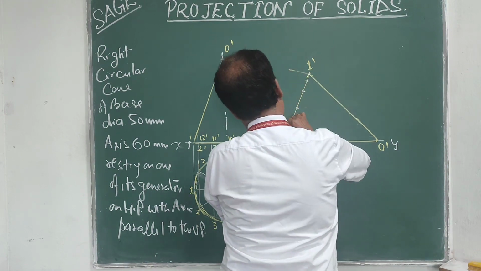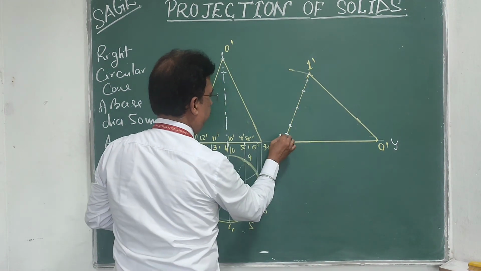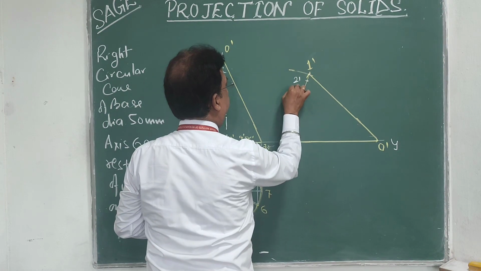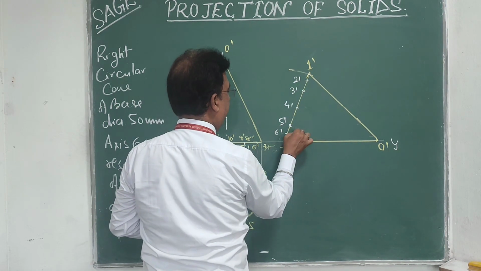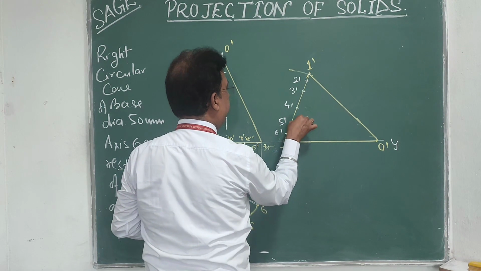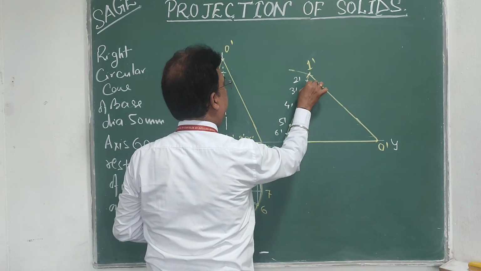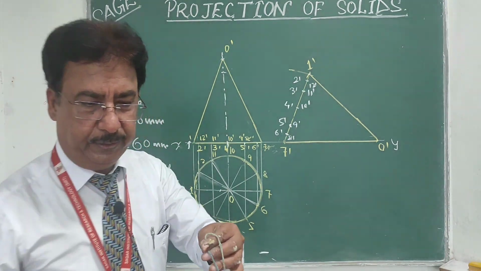So I will copy all these points. So this is 1 dash, 2 dash, 3 dash, 4 dash, 5 dash, 6 dash, 7 dash, 8 dash, 9 dash, 10 dash, 11 dash and 12 dash.